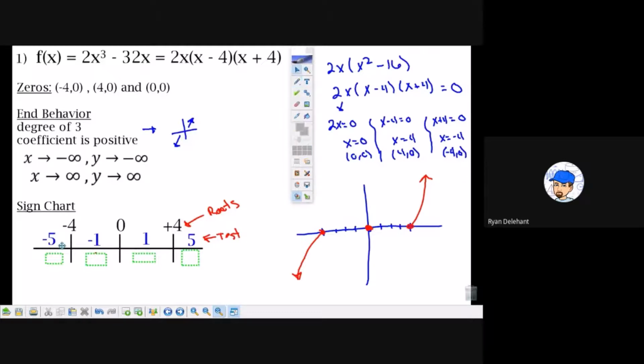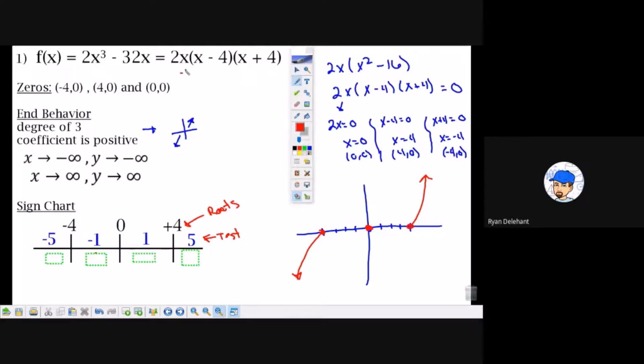Now, the reason I included the ends, even though we did the end behavior here, it's always a good check, especially with one that's complex, to do your ends to make sure you get the answer that you know you should get based on the lead coefficient, okay? So looking at this, we think we should get an overall negative when we plug in any number smaller than -4.